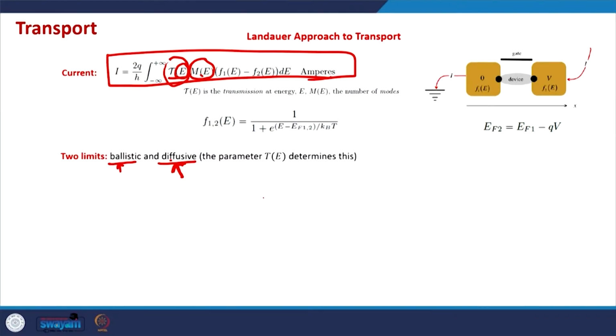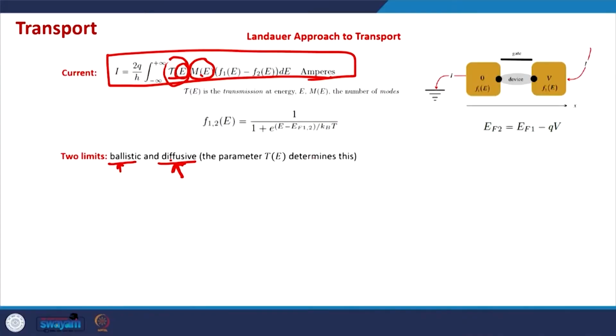And I would also like to remind you of one more point here, that this approach is not a purely quantum mechanical approach, because in this approach the electrons are assumed to be, I would say, balls or like particles. But at the same time we are considering the quantized states of the electrons, the Fermi-Dirac distribution of the electrons, and the effective mass.